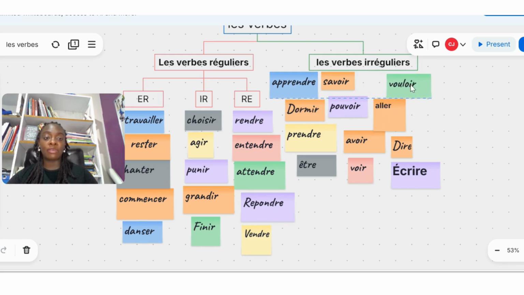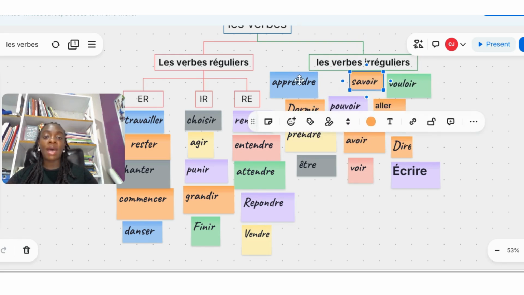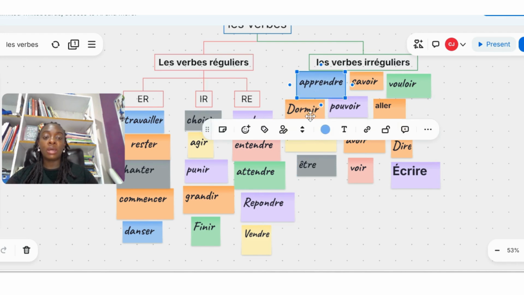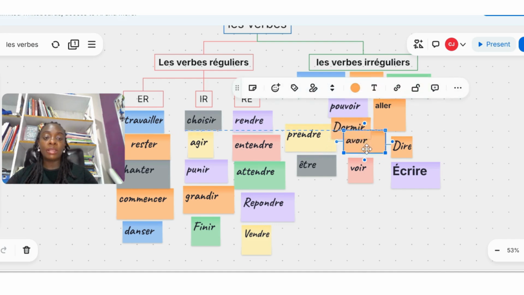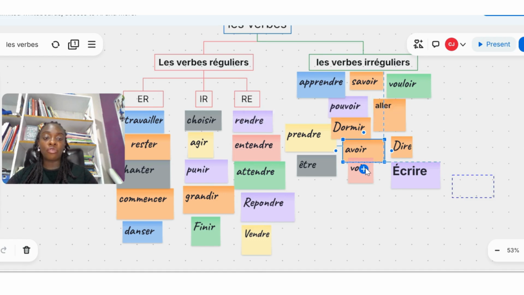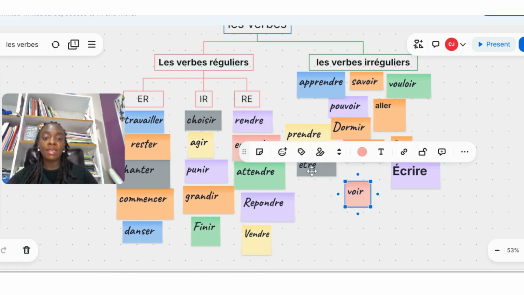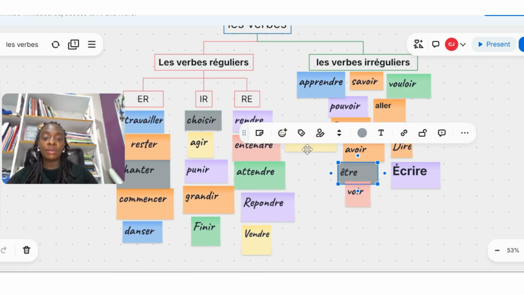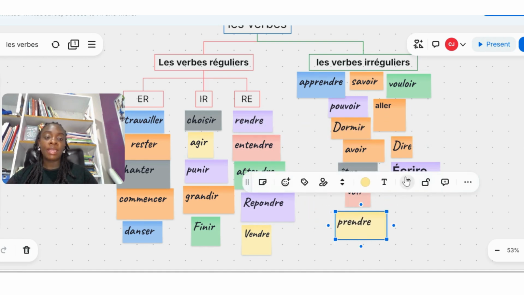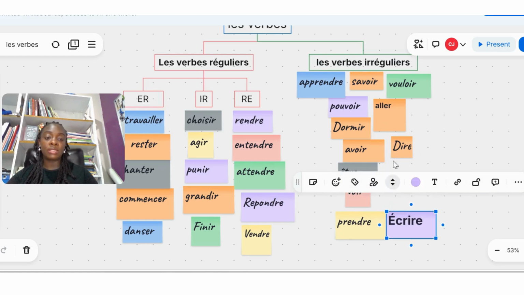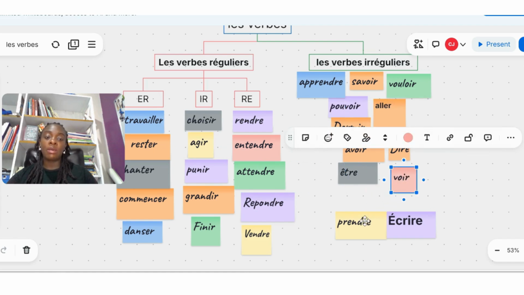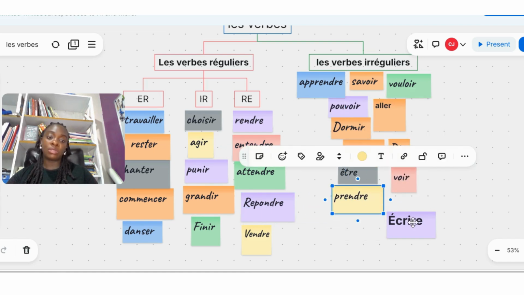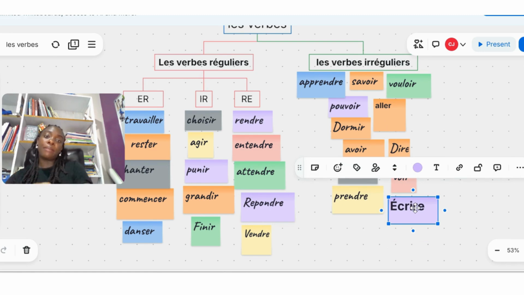We have verbs like vouloir, savoir, apprendre, pouvoir, aller, dormir, avoir, voir, être, prendre, écrire. All these are les verbes irréguliers, and we have others that are not in this list. These are just examples of these verbs.